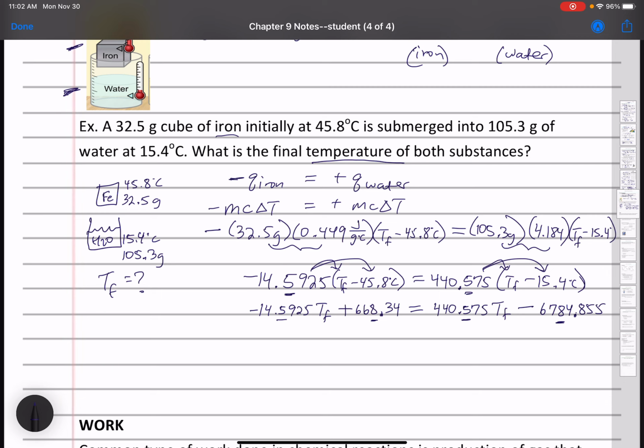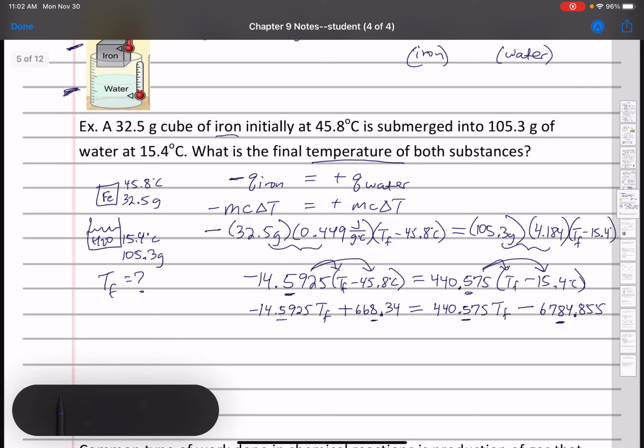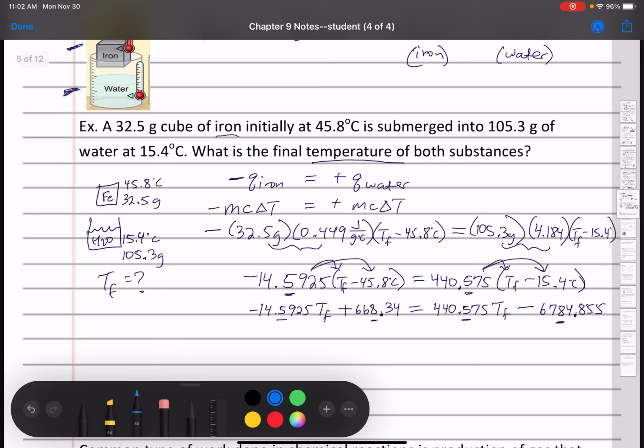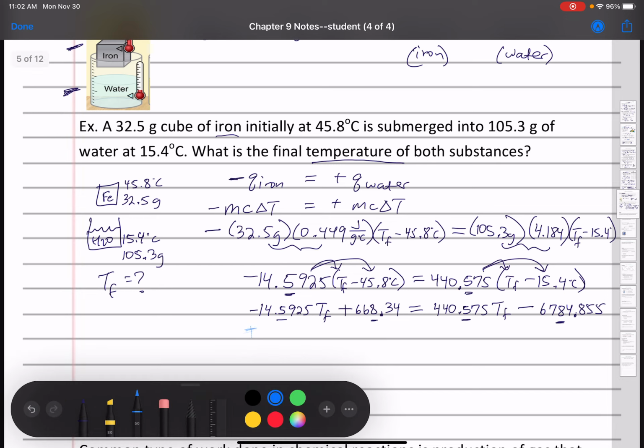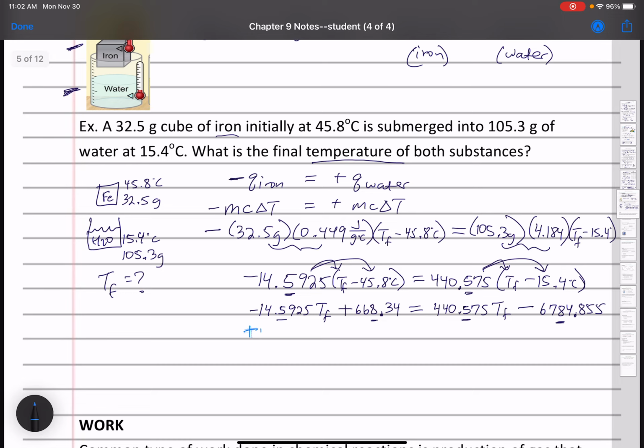And now I'm going to color code a little here. So the next step of the problem is I'm going to add 14.5925 TF to both sides, and that'll cancel out this side.